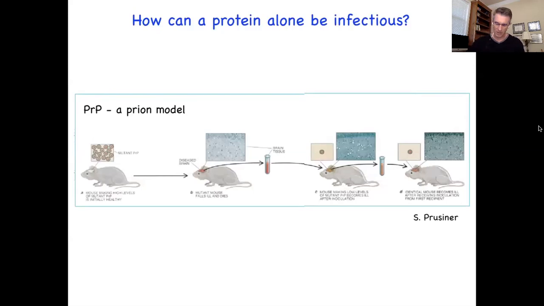Well, it turns out to be the nature of the fold or refolding of that protein. In its normal condition, so-called PrP, it's innocuous and it does what it's supposed to do in neuronal guidance or biology or whatever it's doing.